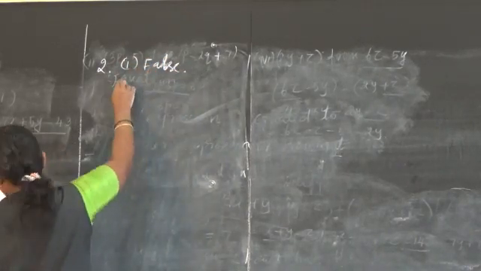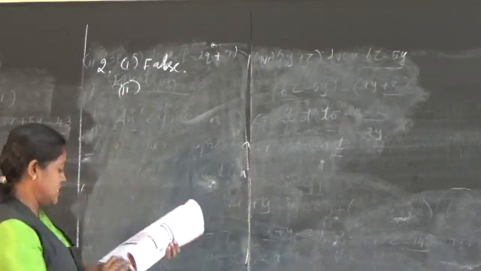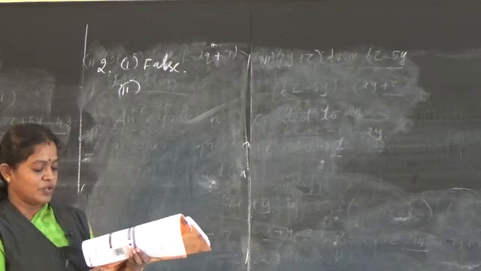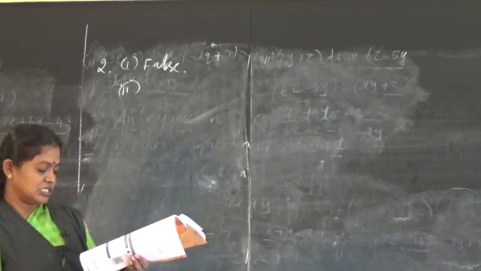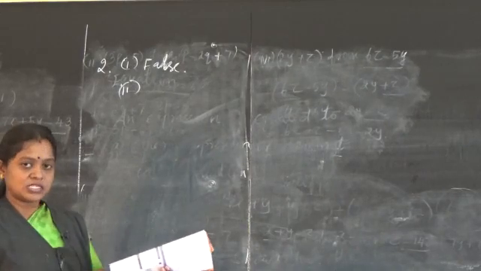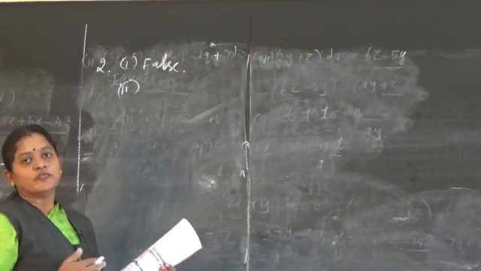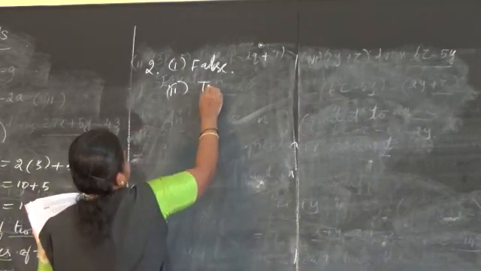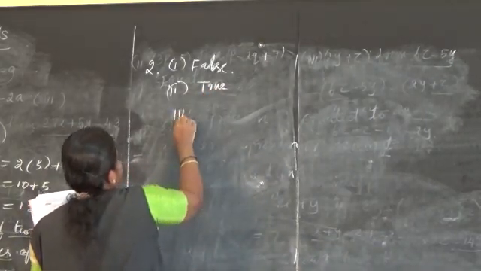The second statement, the expression 7x plus 1 cannot be reduced without knowing the value of x. Without knowing the x value, we cannot reduce the expression. So that statement is true.